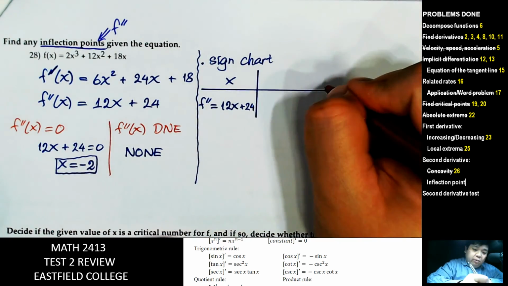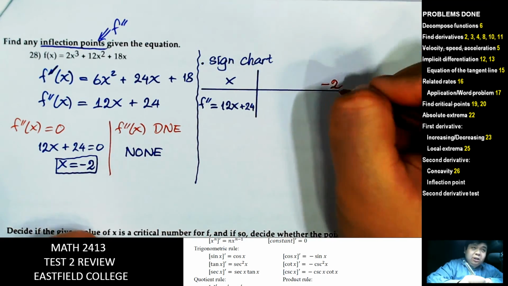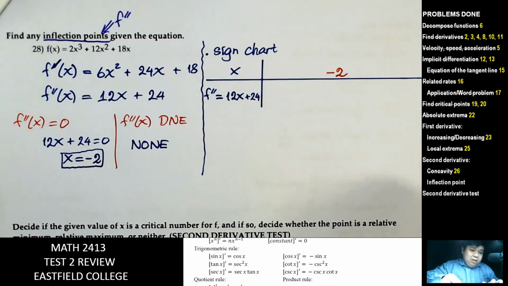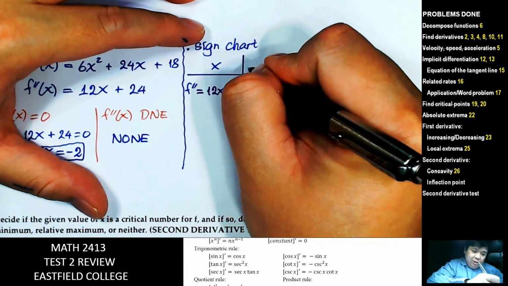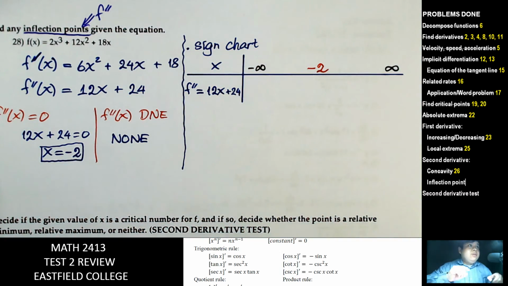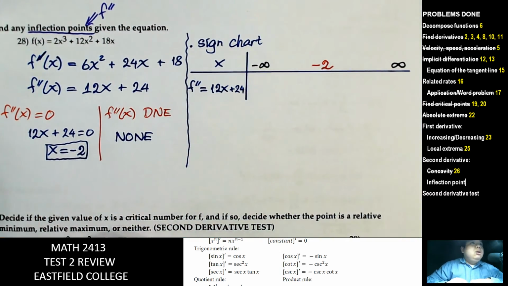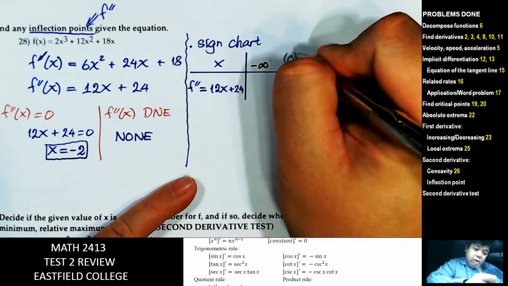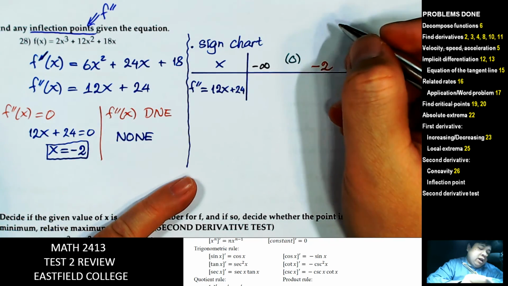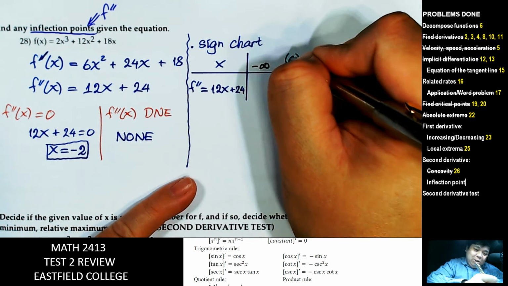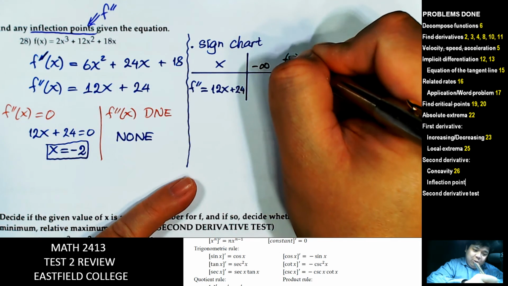The point is -2. Number line, oops. Right, test point: I choose 0, and here I should choose -3.